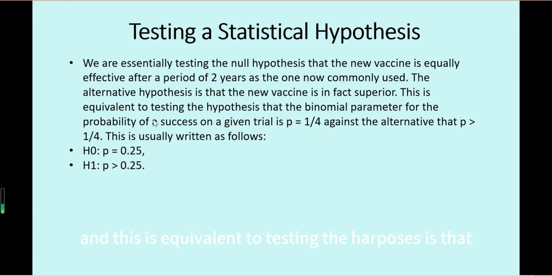And this is equivalent to testing the hypothesis that the binomial parameter for the probability of a success on a given trial is p equals 0.25 against the alternative that p is larger than 0.25. So we can write H0: p equals 0.25, and the alternative hypothesis H1: p larger than 0.25 in this example.